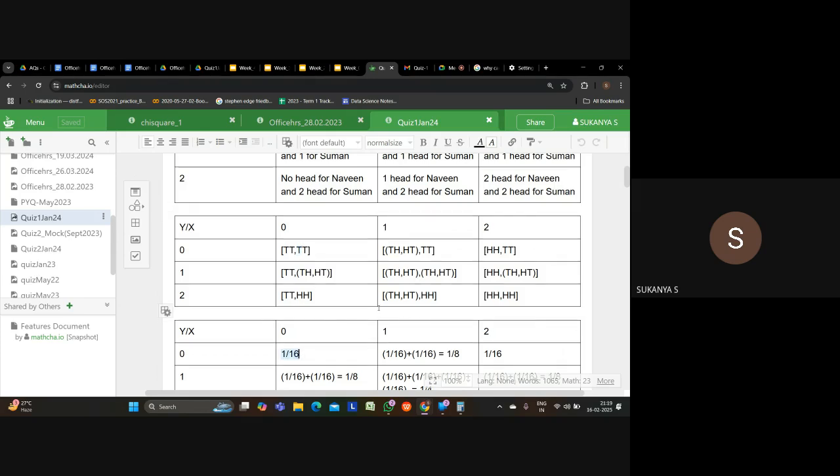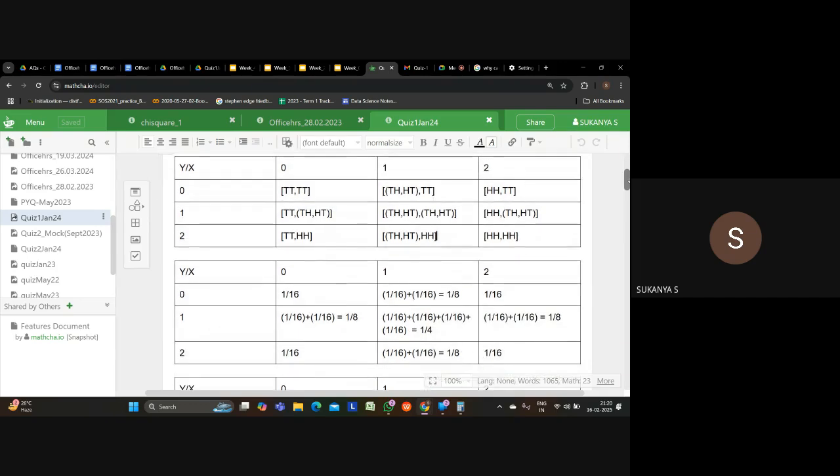And if you take this result, again this is 1 by 2 into 1 by 2, which is 1 by 4. This is also 1 by 4, but we have two possible combinations, right? So 1 by 4 into 1 by 4 plus 1 by 4 into 1 by 4. So you have 1 by 16 plus 1 by 16, which is 1 by 8.